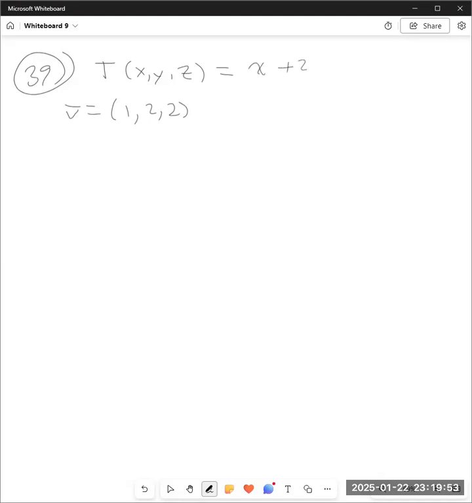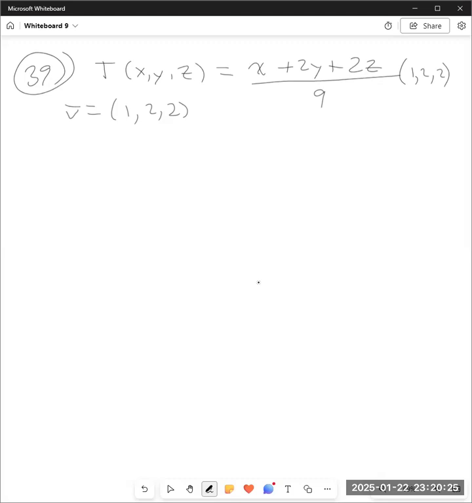So that's x plus 2y plus 2z divided by the magnitude of v squared. 1 plus 4 plus 4 is 9. It would have been the square root of 9 squared, so that's 9 down here. And then times the vector (1, 2, 2).